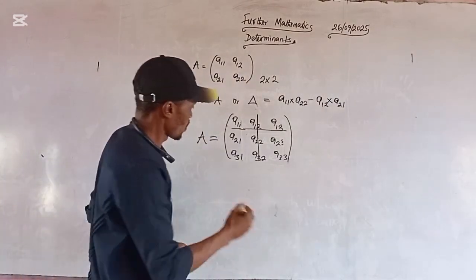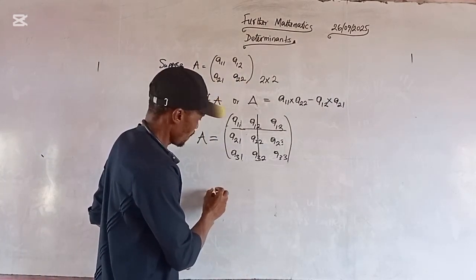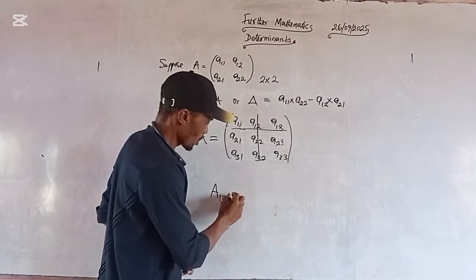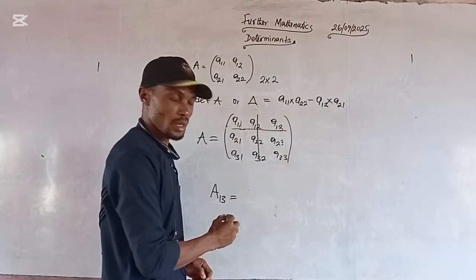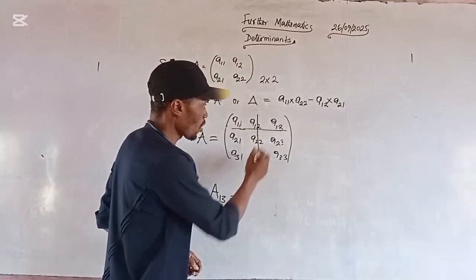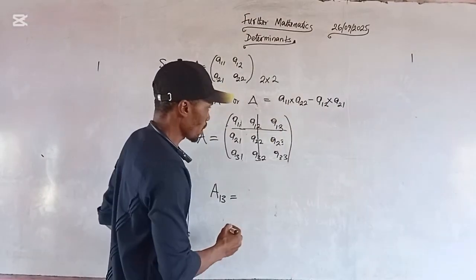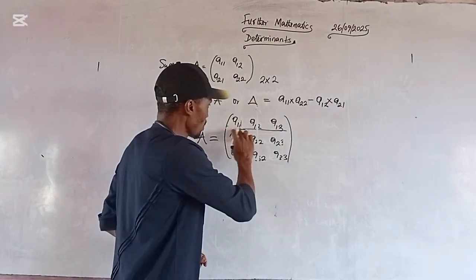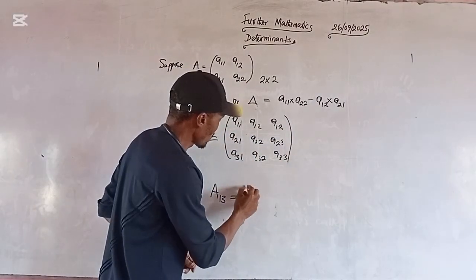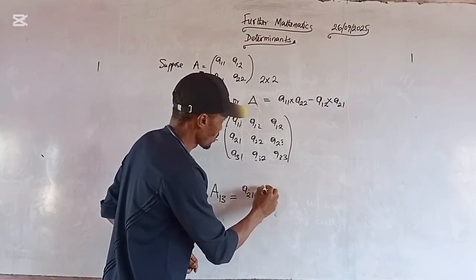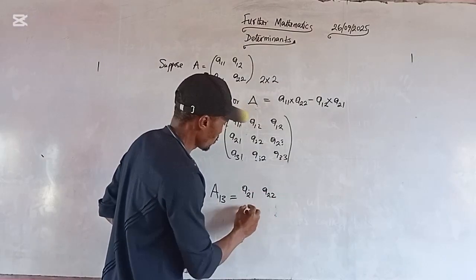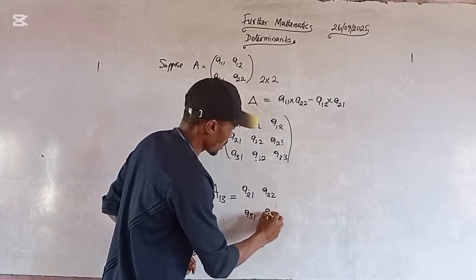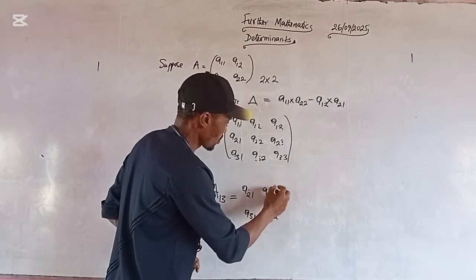Therefore, if we assign capital A13 as the minor determinant of A13, we have this as A21, A22, A31 and A32.